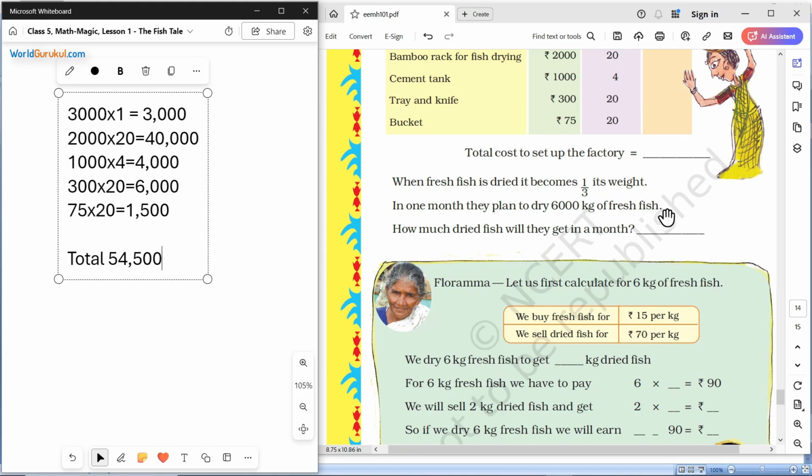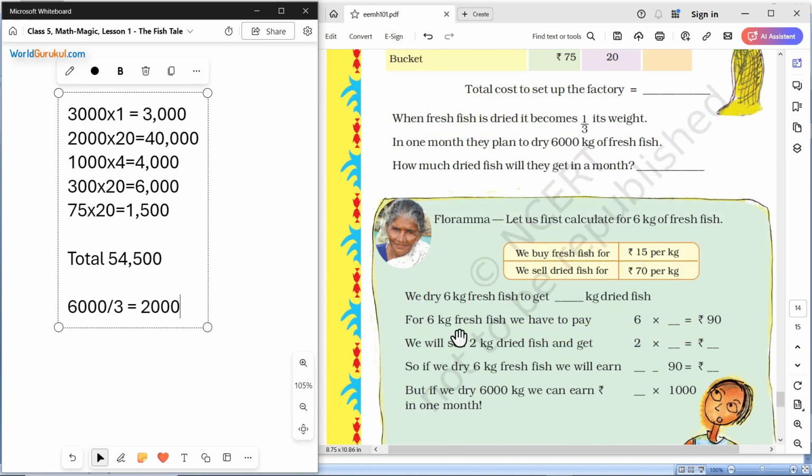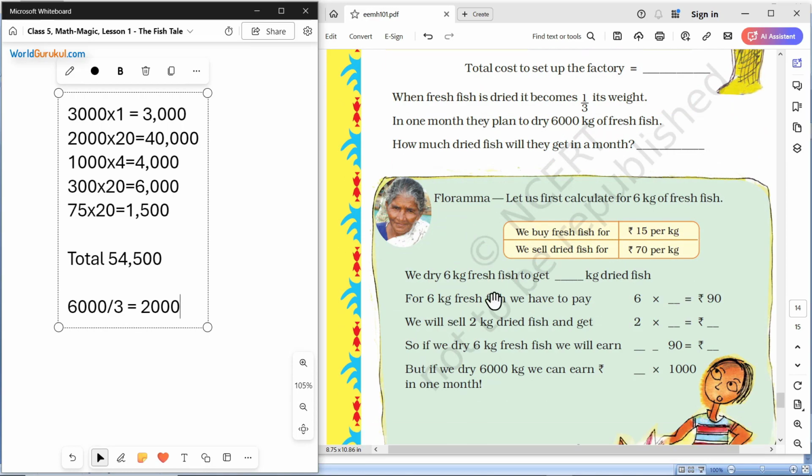So dry fish, what will be the weight? 6,000 kg will become 2,000 kg, right? The simple equation is 6,000 by 1/3, right? By 3.